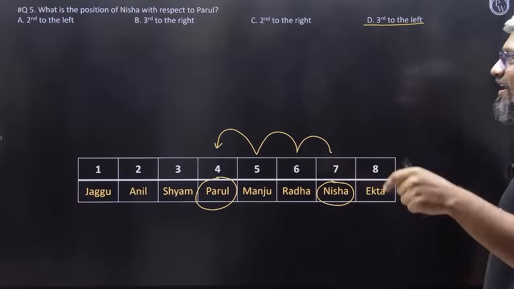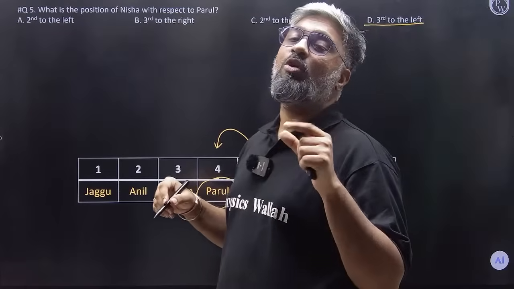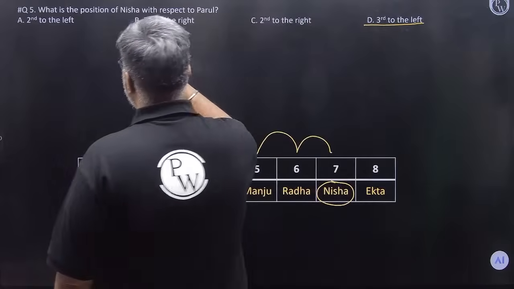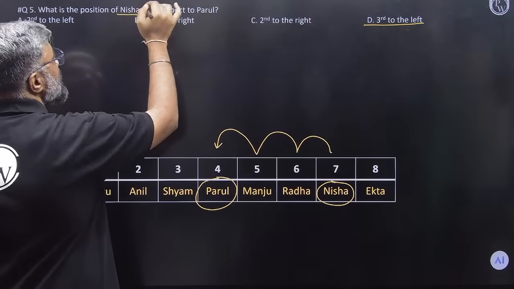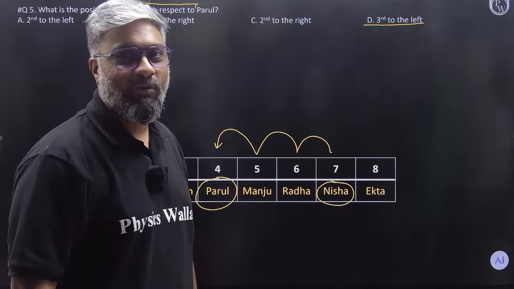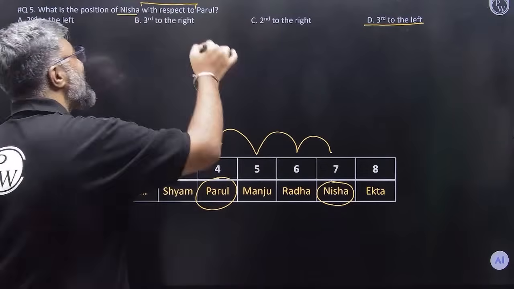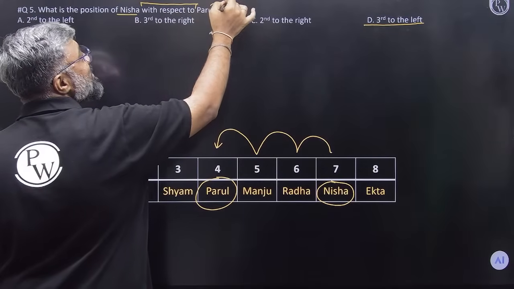Yeah. Why is this wrong? Because who do they want us to be the reference? They're asking Nisha's position with respect to. Who are we giving utmost respect to here right now? Like, she's not just Parul, she's Madame Parul. Yes, you're giving respect to Parul. Parul becomes the reference here.